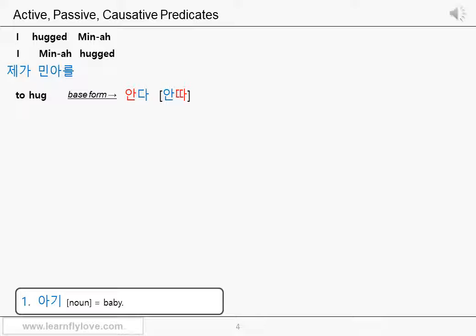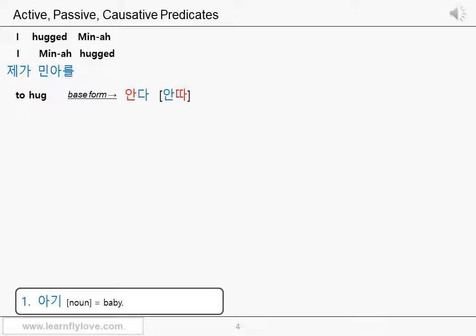We learned about this before. The final ㄴ consonant turns the first initial consonant of the ending into the double consonant sound. Again, it only affects the initial of the ending. It doesn't affect affixes. 안다 is a verb in Korean too. It can mean to hug, to cuddle, or to embrace.